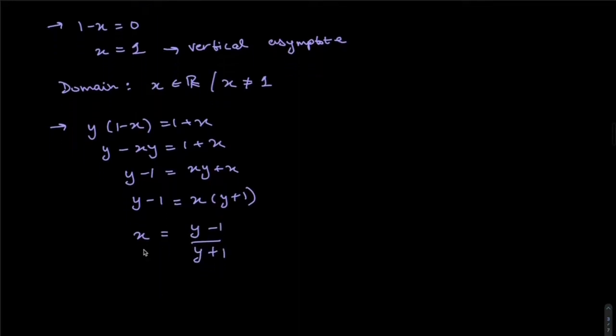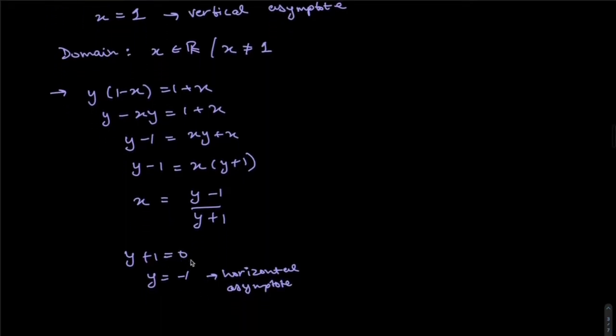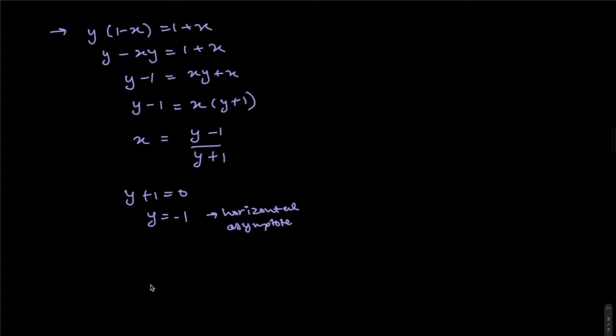So now, if I look at the denominator of this function right here, I equate y plus 1 equal to 0, y is equal to minus 1. And this is my horizontal asymptote. Okay?